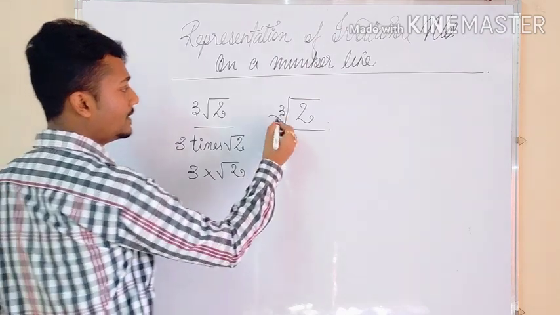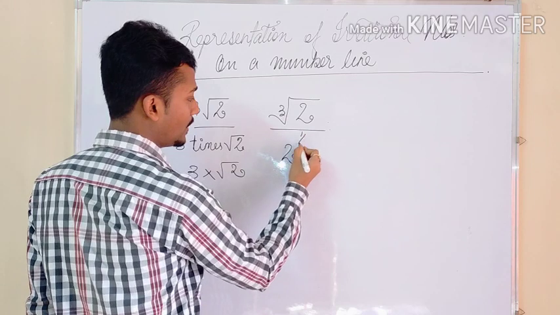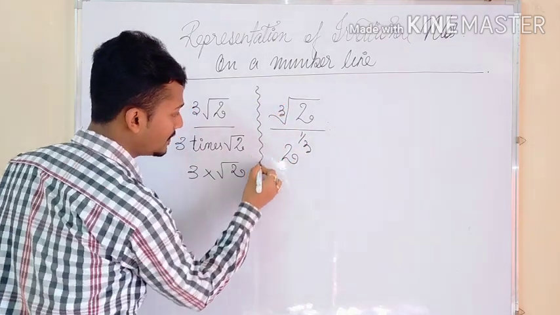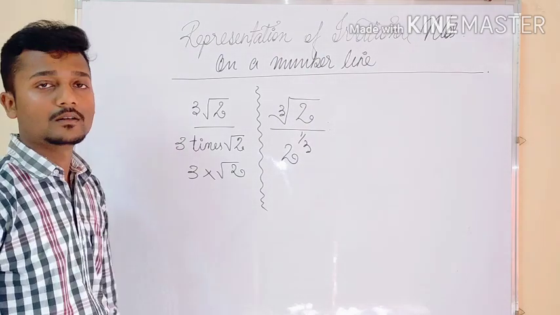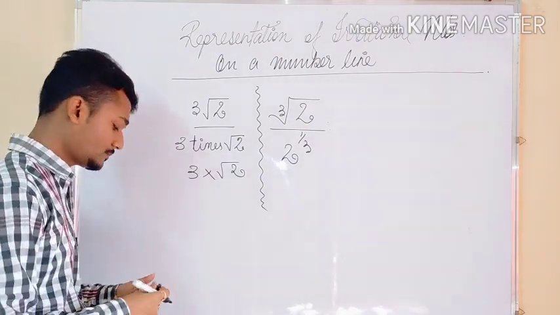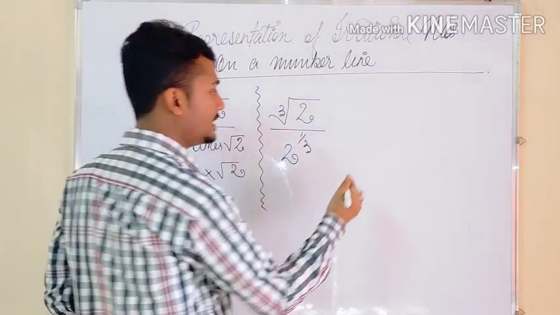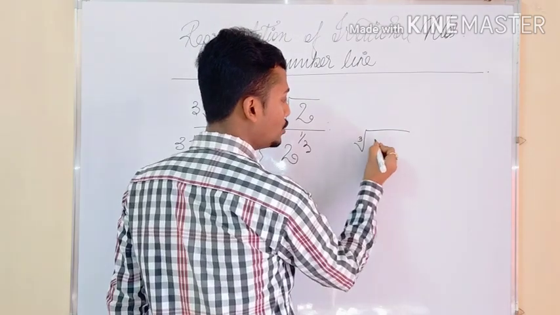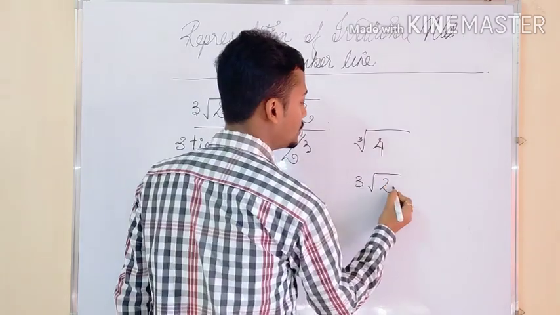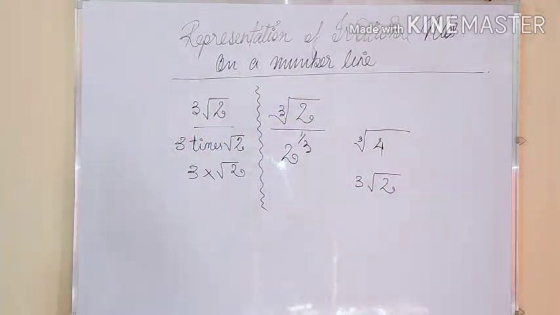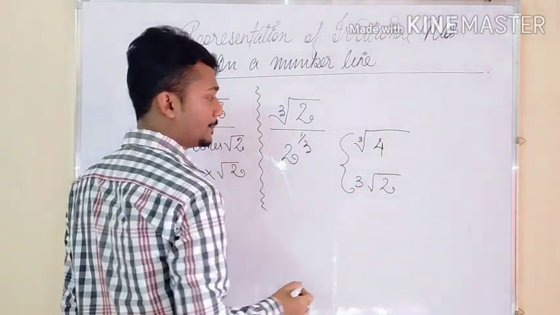And cube root 2 means 2 to the power 1 by 3. This is the difference you should remember to understand the question. While writing you have to be very precise whether you are writing cube root of 4 or 3 times root 2. This creates a big difference between them.